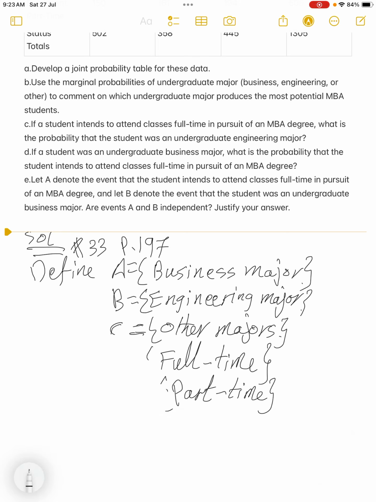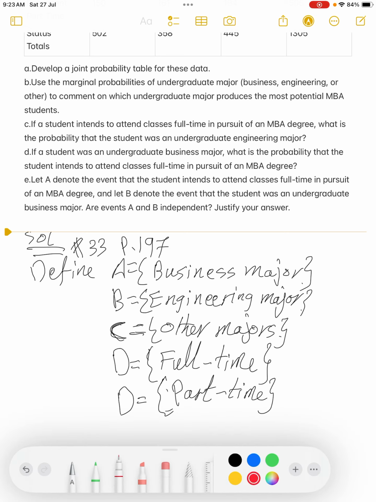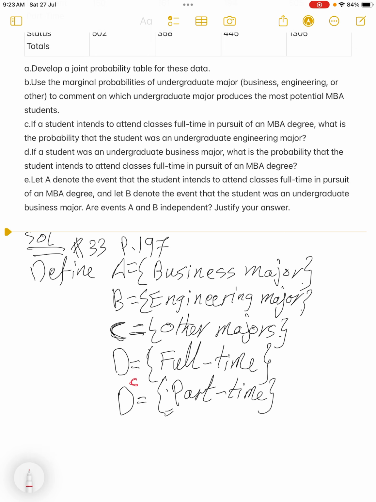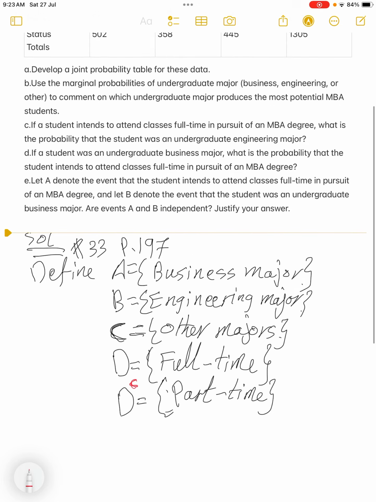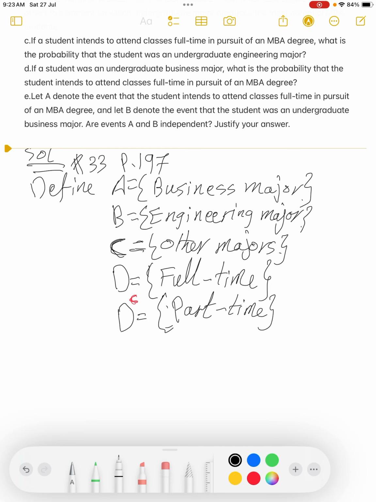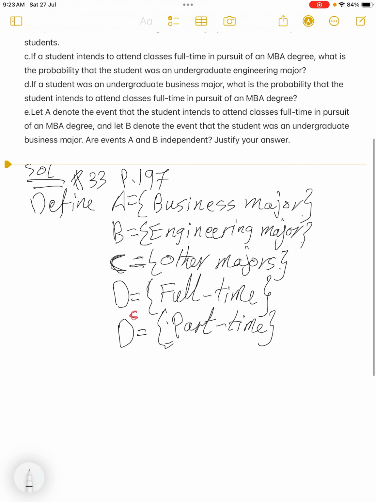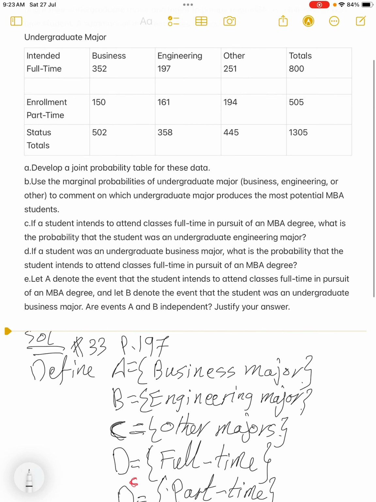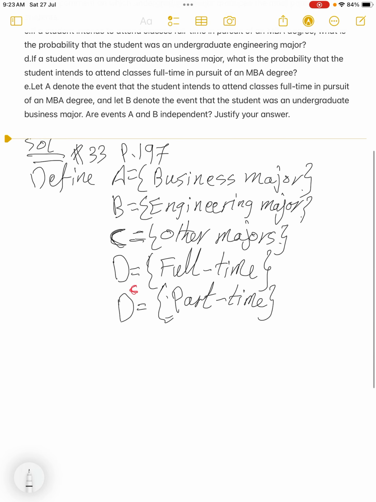Here D, and I will write D complement in another color to be obvious. Here I will begin to construct the table.